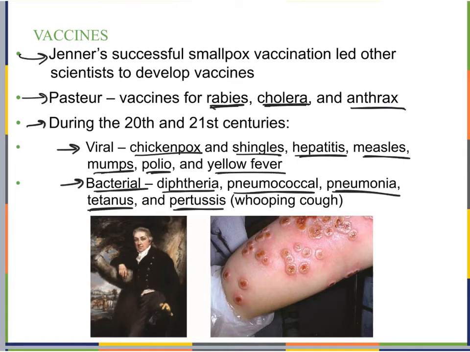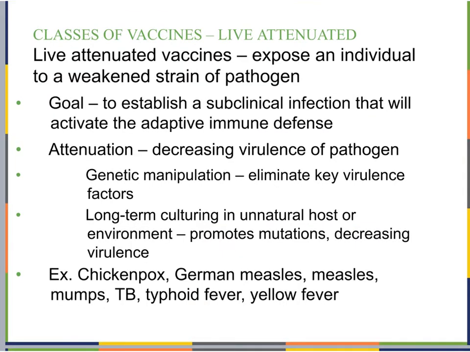So during our 20th and 21st centuries, these are all of the different vaccines that were developed because they saw how well this worked for Jenner, and then they were able to go through the process and weaken different pathogens and make vaccines for them. Now, not all of the vaccines have this counterpart that is more mild, right?